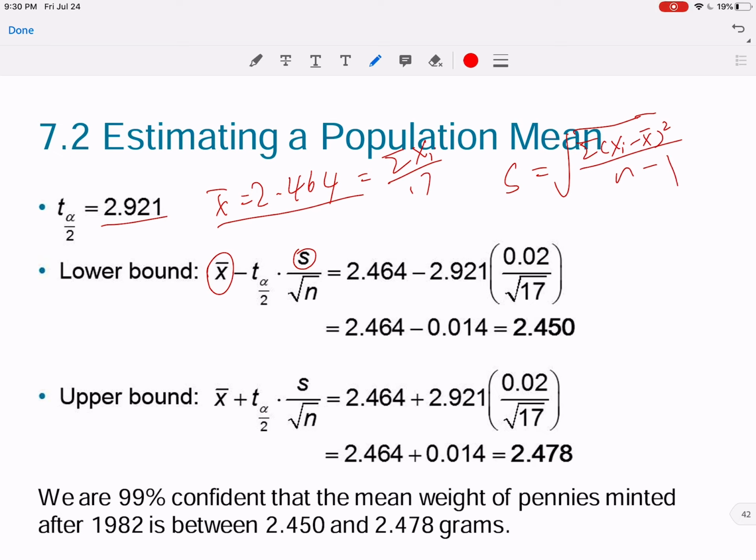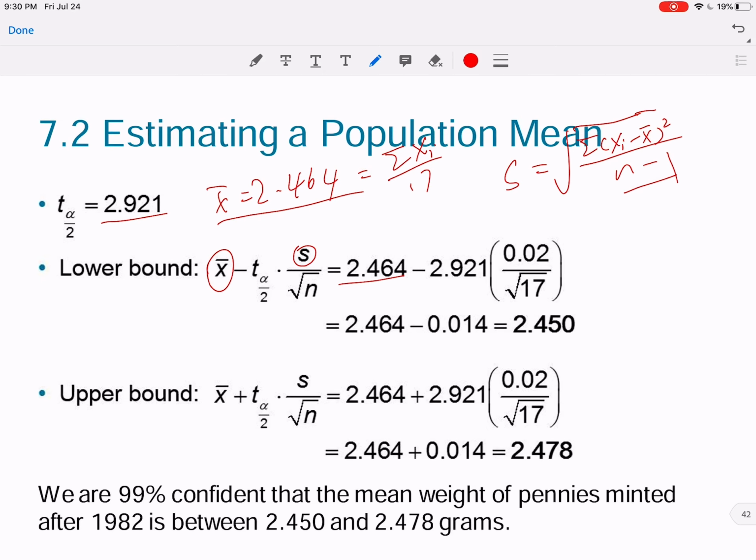So if you want to calculate it by hand, don't forget to divide by n minus 1 for the sample standard deviation. In this case, x bar is 2.464 and the sample standard deviation is 0.02. We have the t-value 2.921 and the sample size 17.